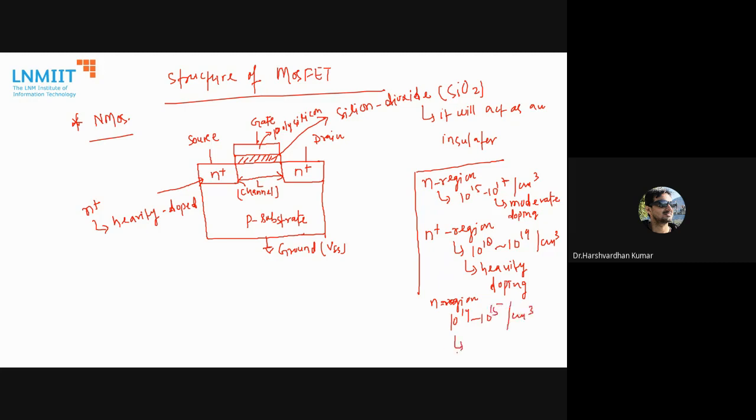It is known as low doped, right? So you just have to remember the range here. N plus means the order of the doping will be nearly 10 to the power 18 to 10 to the power 20.